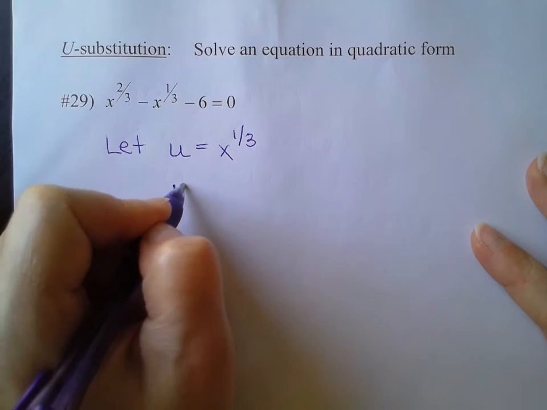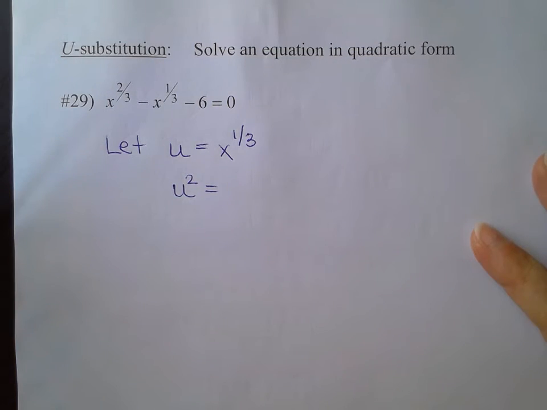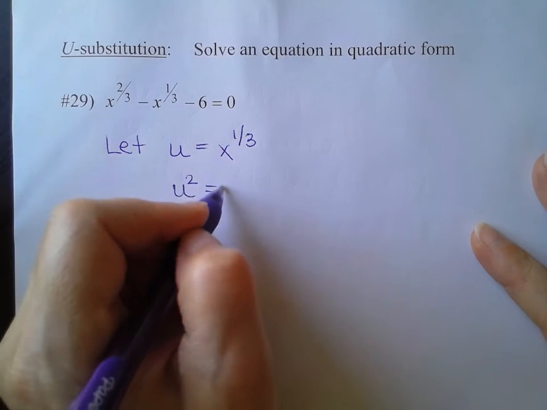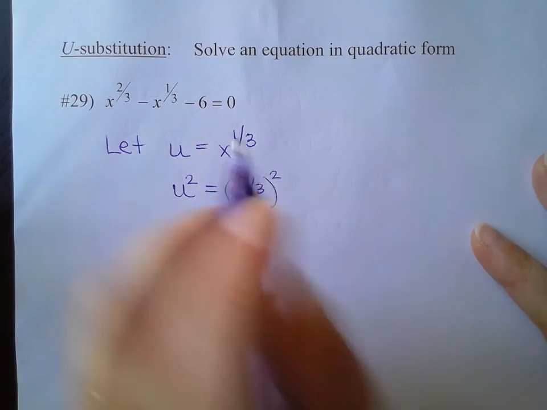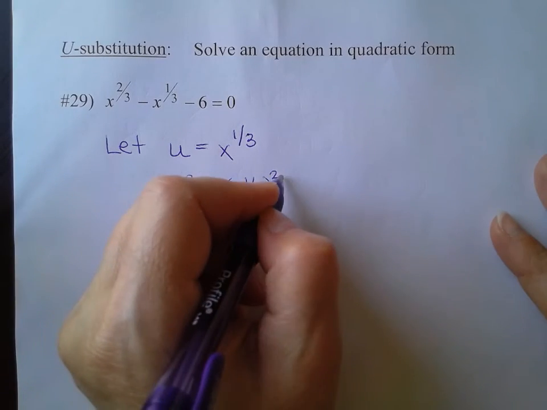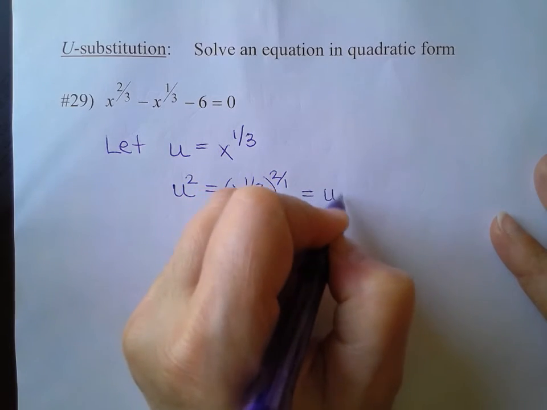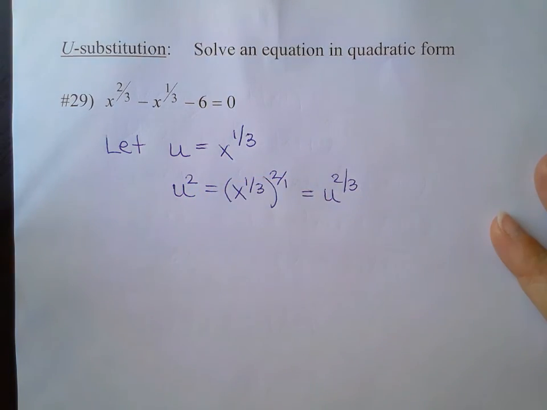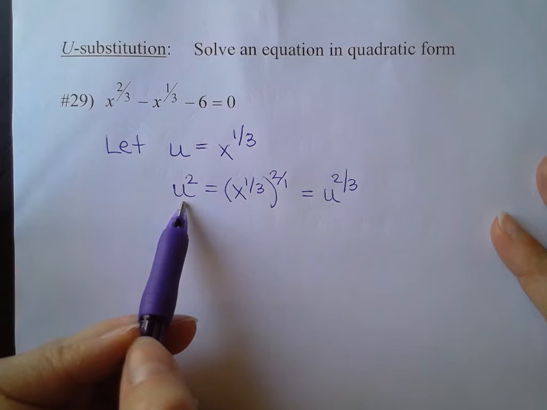So that you can see how this substitution is going to work really well for us, if I square both sides, if I square x to the 1/3 power, raising a power to a power, we multiply. You can think of this as 2/1. So this becomes u to the 2/3. So anywhere I see u to the 2/3, I can put in u squared.